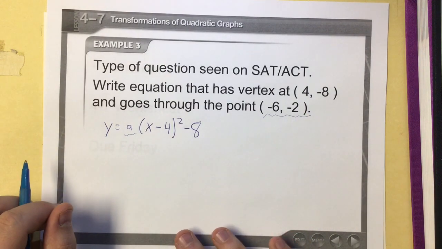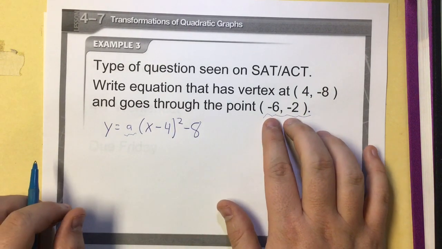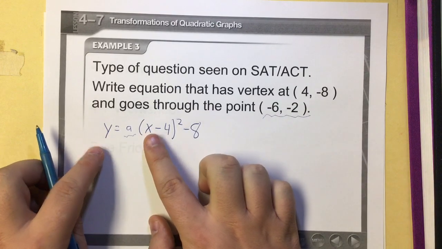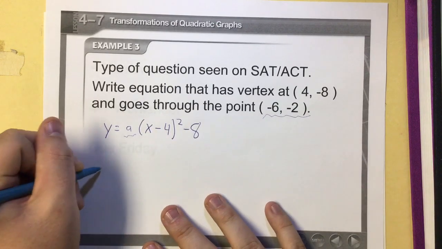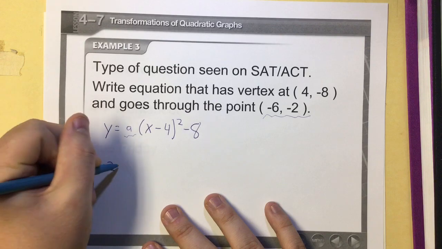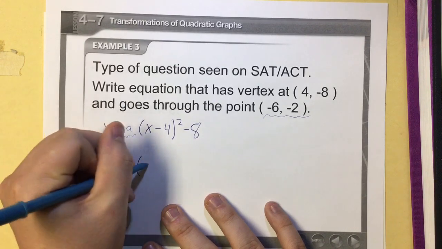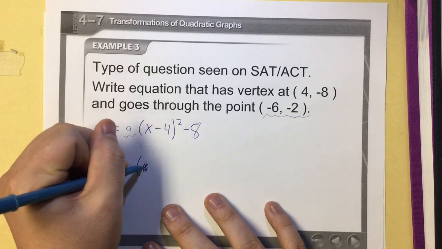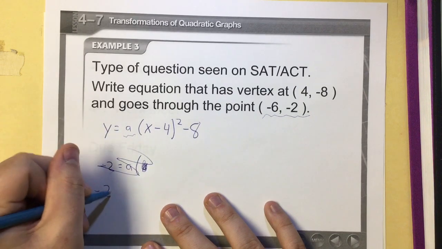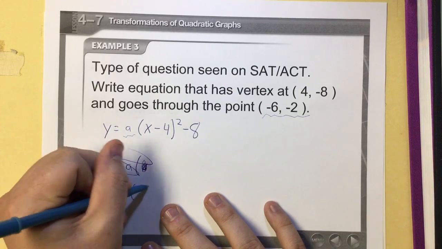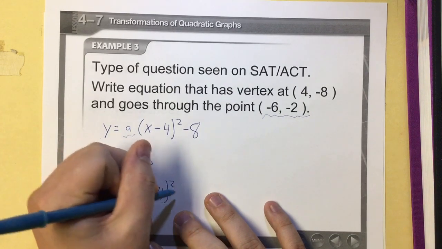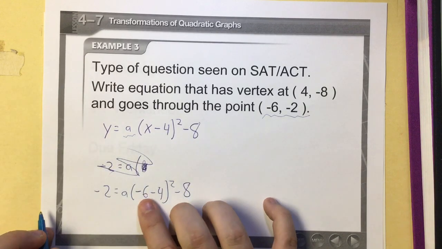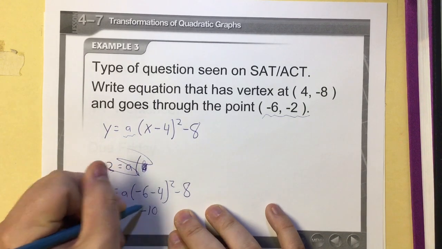An ordered pair. So let's take that ordered pair, plug it in for x and y, and we can solve for a. So we have -2, the y-coordinate, is equal to a times x is -6. Start that again. -2 is equal to a times -6 minus 4 squared minus 8. -6 minus 4 is -10.